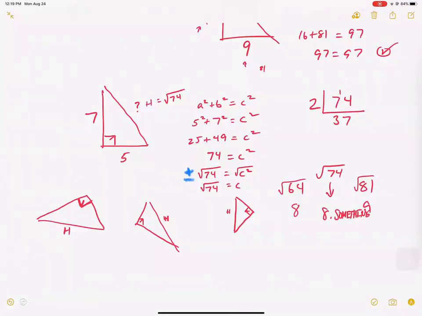That's all we have to estimate. Is 8 point something bigger than 7 and bigger than 5? Yep. So at least that's one check mark that we're on the right track. The hypotenuse has to be bigger than our other two legs.